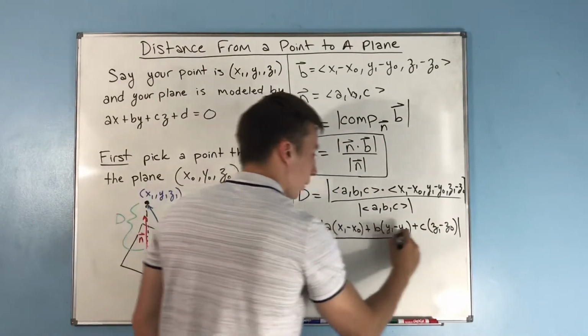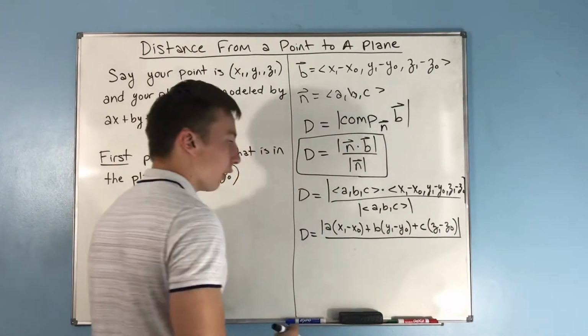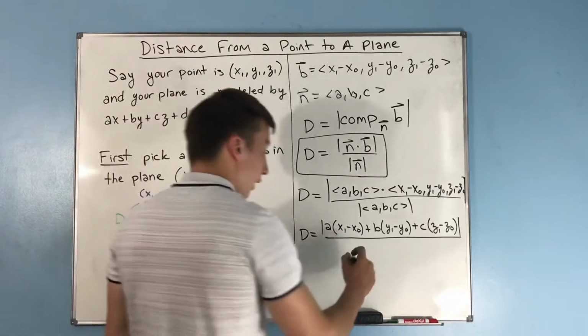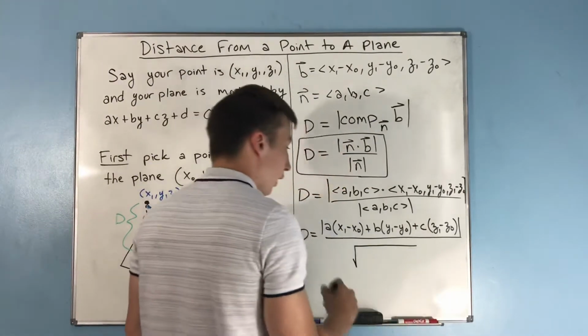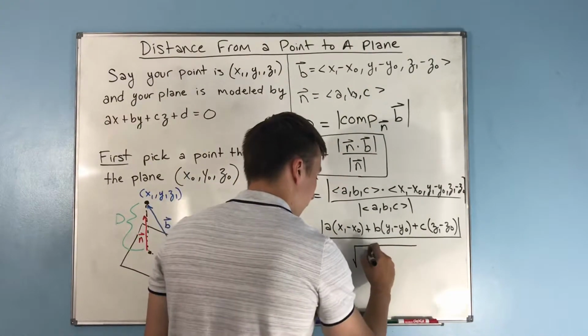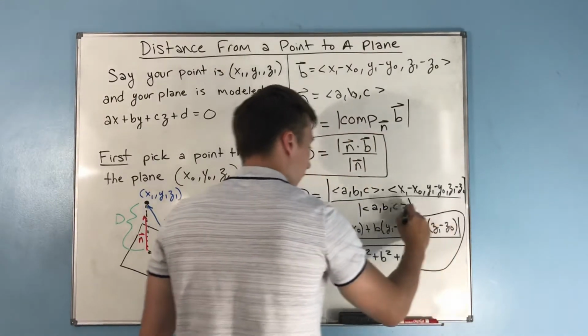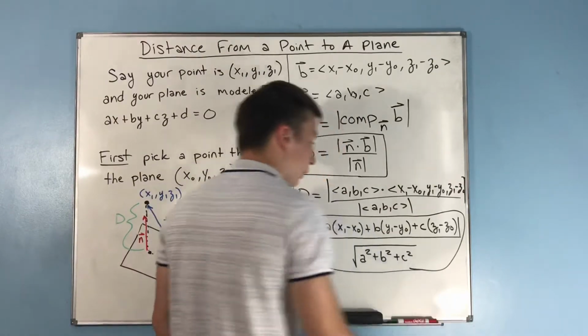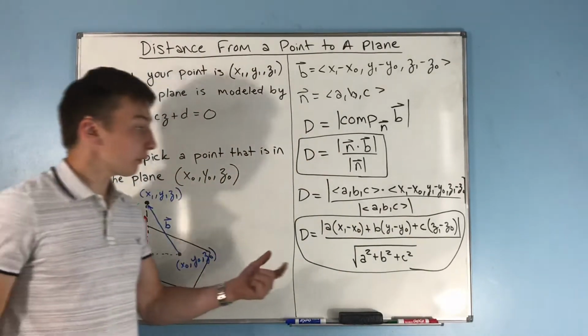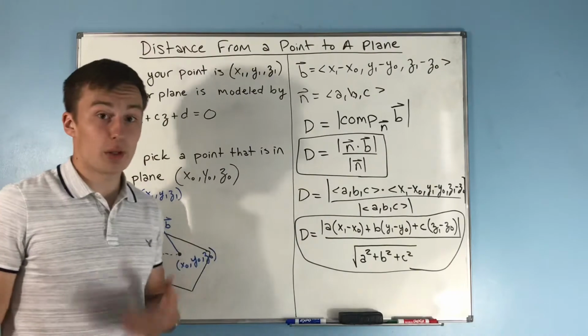Okay, and that's going to be over the magnitude of our vector ABC, which is just the square root of the sum of the squares, a squared plus b squared plus c squared.